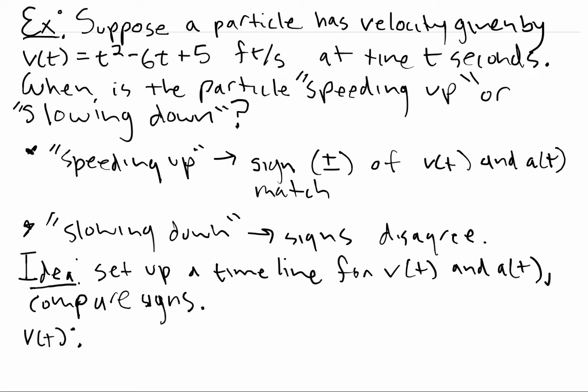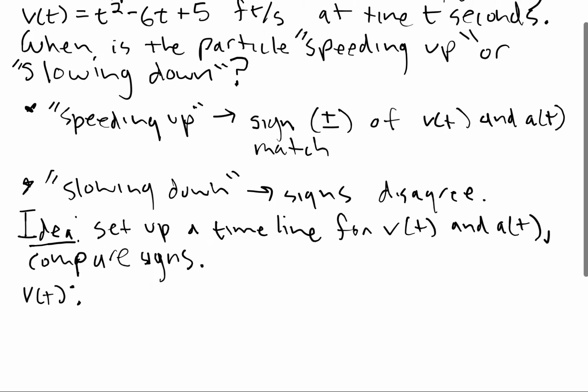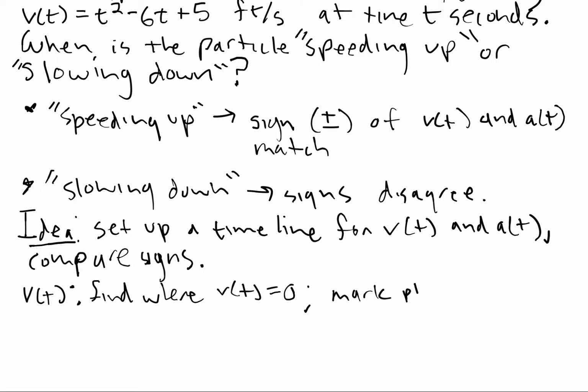I'll scroll down a little bit. Okay, if I start out with this function v of t, the first thing I'm going to ask, to compare signs, whether it's positive or negative, is: when is it 0? Because knowing when this is 0 is going to split up all the other times when I'm either positive or negative. So I'll find where v of t is 0 and mark these points on my line.